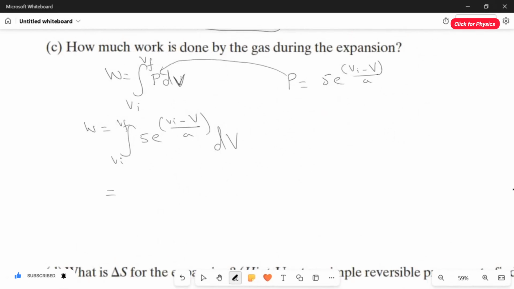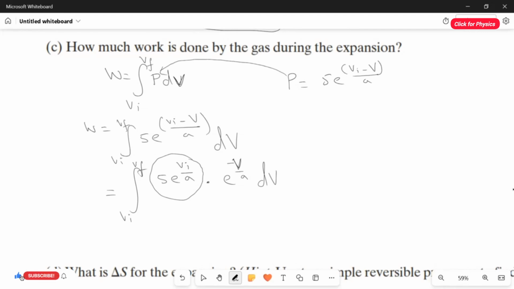If you split, what we got, integration of VI over VF, we can write this equation as 5 exponential of VI over A dot e power minus caps V over A dV. And this part is a constant because we already have this value, so we no need to integrate.